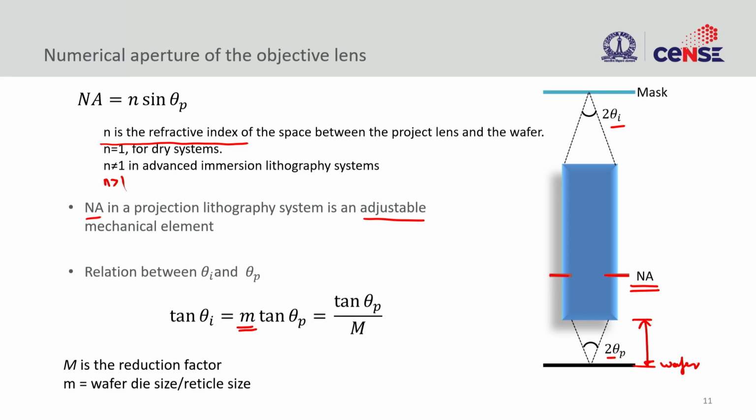So that is nothing but your size deviation, and the reduction factor is nothing but m. It's very easy to deduce this. So now we know where this reduction factor is coming from and how one can compare the effect of the NA on the system, and also the incident angle and the projection angle.